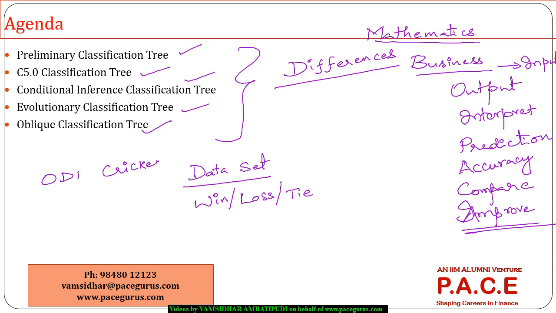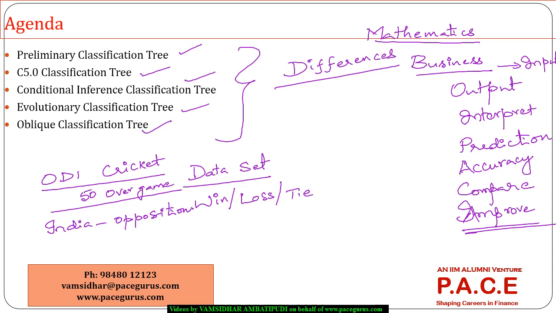The data set that I have taken is about one day international cricket, which is a 50 over game. So the recent games that have been played by India against different oppositions, the result of each of these games. So the result could be either a win or a loss or a tie.